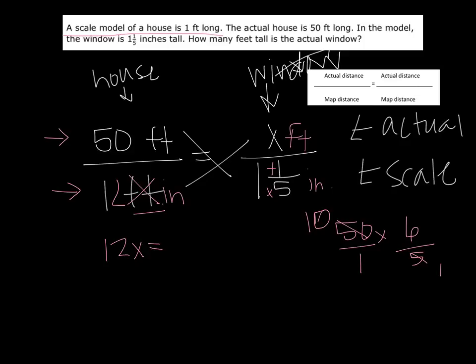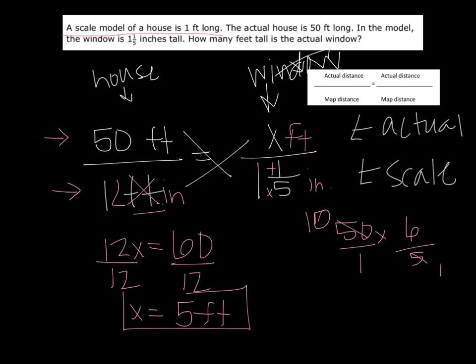So I'd get 10 times 6, or 60. Okay, now I just have to divide by 12, and I would get x equals, how many 12s go into 60? It is 5. So x is 5 feet. Now again, the reason why we had to change that into inches is because our relations have to be the same unit.